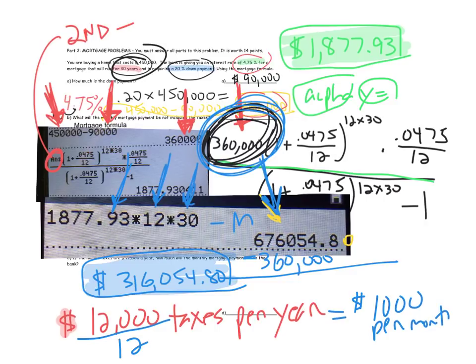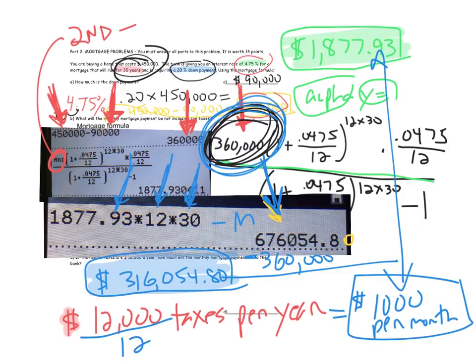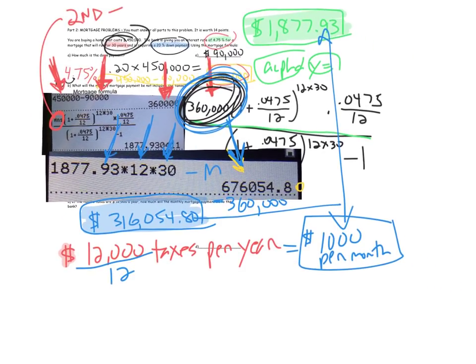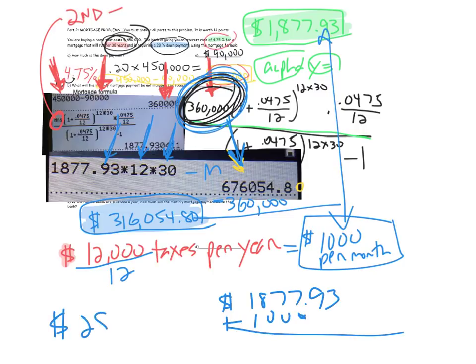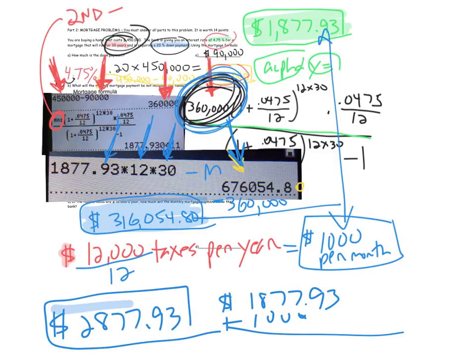That tax money gets added on to the monthly payment that you make to the bank, which means each month your payment is going to be that $1,877.93 plus the $1,000 in taxes. So your payment every month is $2,877.93. That's how much your payment is, including taxes, every month.